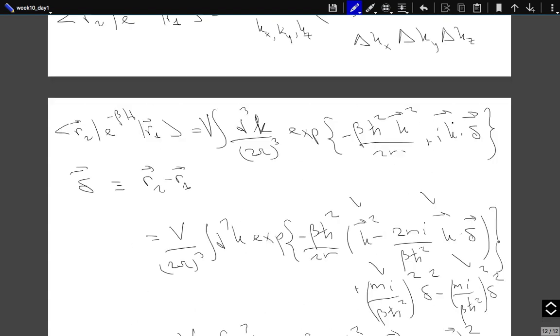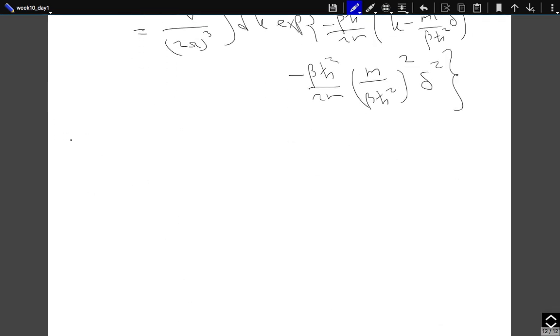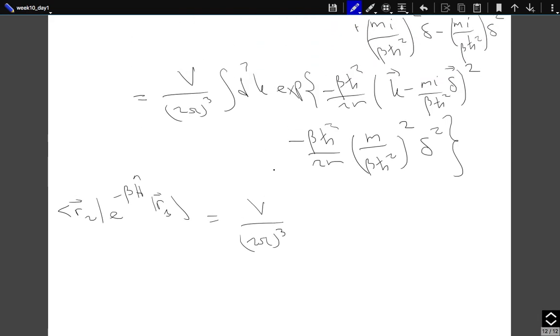Now I'm almost finished. So R2, e to the power minus beta H, R1 just turns out to be V over (2 pi) cubed. Now the k integral is just pi over beta h bar squared over 2m to the power 3 over 2, because each Gaussian integral will give me a square root of that factor in parentheses.